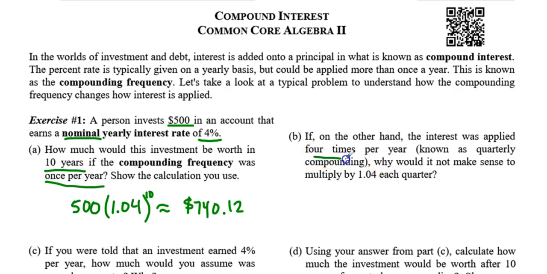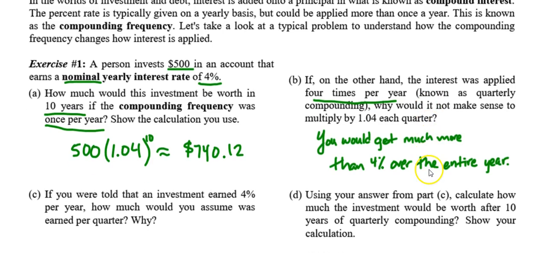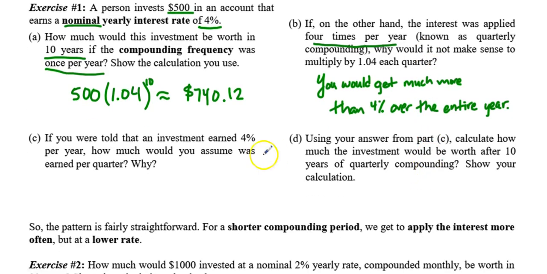Well, what if it were 4 times per year? Why would it not make sense to multiply by 1.04? Think on that for a second, then play the recording. Okay, hopefully you realize that you would get much more than 4% over the course of the year, right? All right, so that doesn't make sense to give you 4% every quarter when you're supposed to get 4% for the whole year.